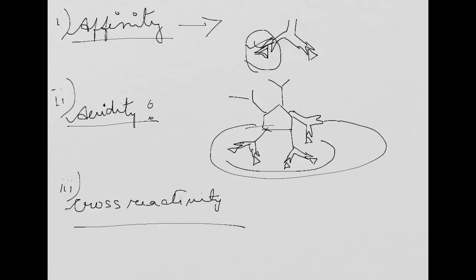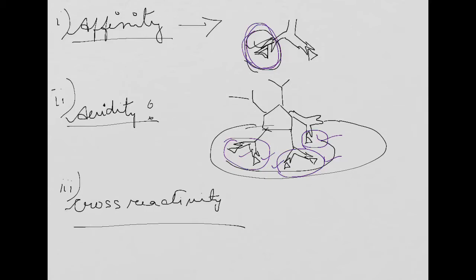Dissociation of this antigen from antibody will require all the bonds to be broken simultaneously. More force will be required if we want them to be dissociated from all of this antigen when we compare to this antigen antibody affinity.